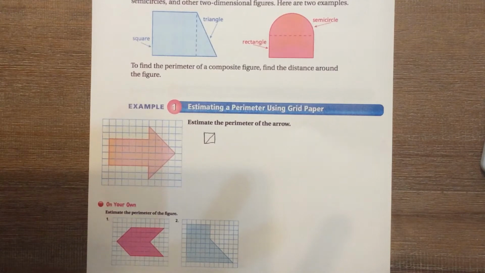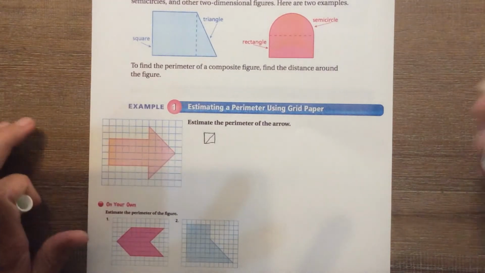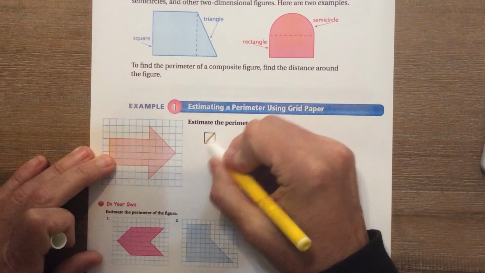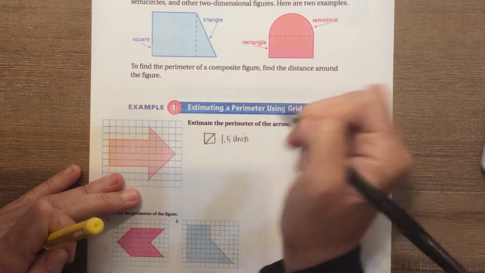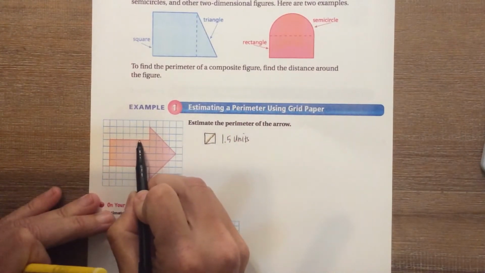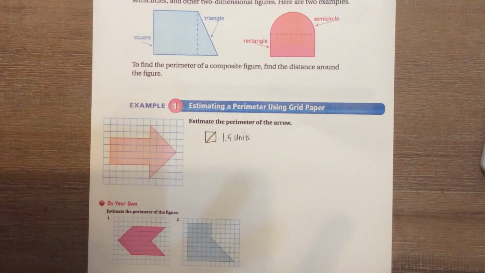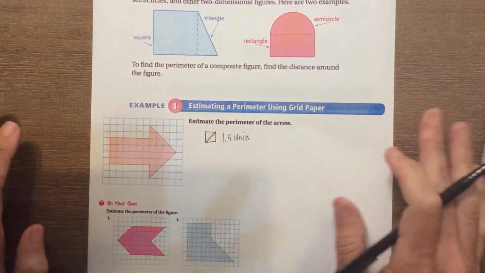When you have a diagonal, that diagonal here is the same as 1.5 units, where just one of these little areas here is 1 unit. So that's something to consider when you're estimating using grid paper.